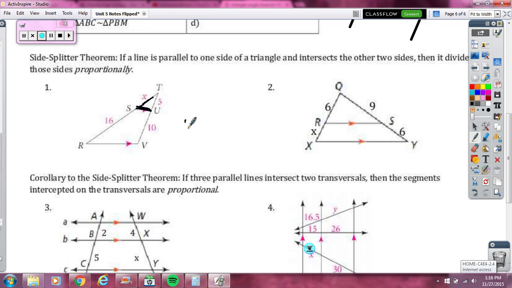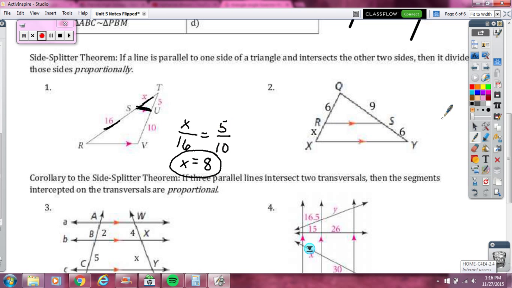So the relationship between x and 16 should be the same as the relationship between 5 and 10. You could solve that by cross-multiplying, but I think, okay, 5 is half of 10, so x would have to be half of 16, which is 8.